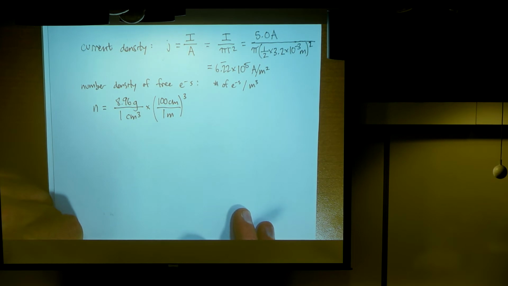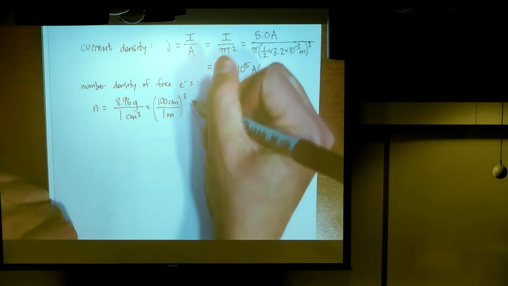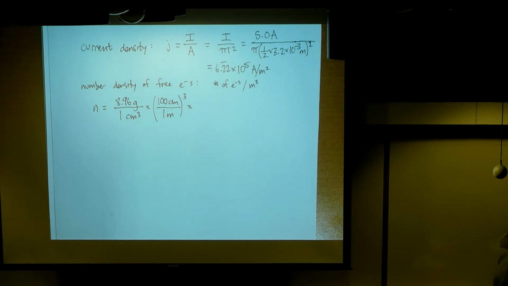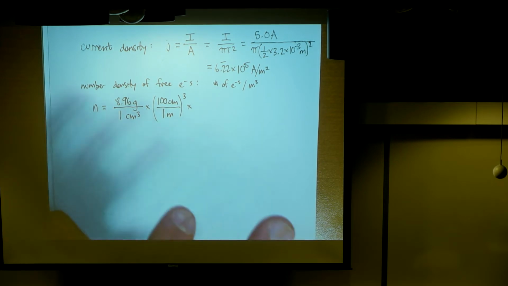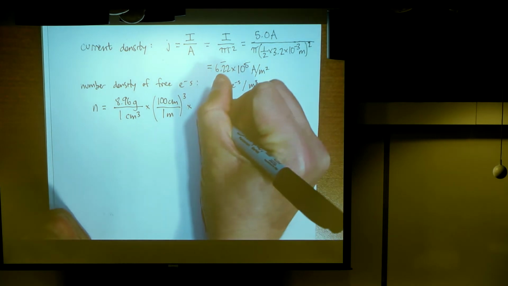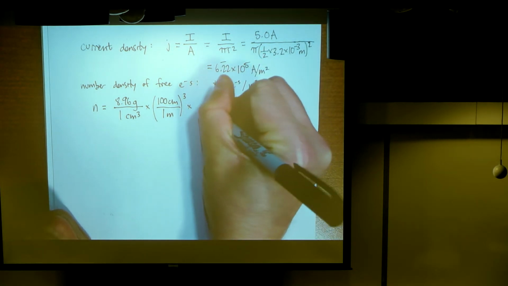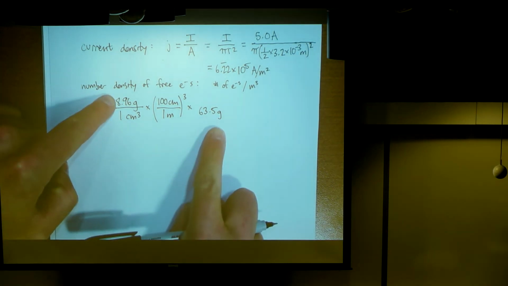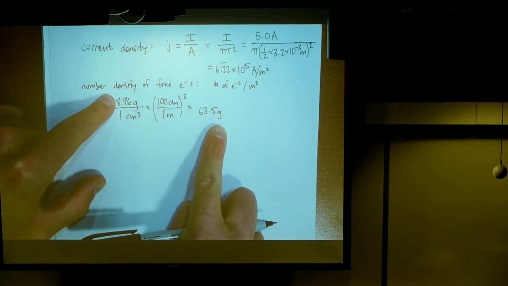Let's take the next step. We were given the so-called molar mass of copper. For copper, it's 63.5 grams per mole. For our purposes, we just want to think of that as a conversion factor. 63.5 grams is going to go on the bottom because I want grams to cancel like this.